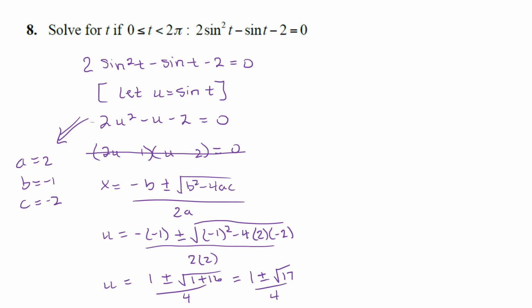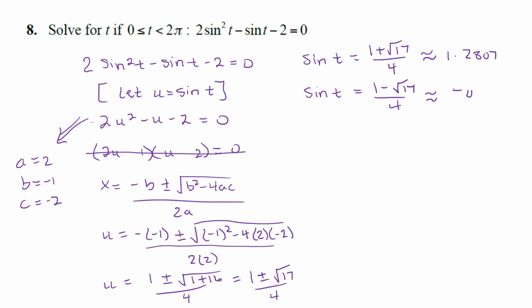Okay. So now let's substitute sine back in for u. So that means sine of t will equal 1 plus the square root of 17 over 4 and 1 minus the square root of 17 over 4. If we enter these ratios into our calculator, rounded to 4 decimal places, we'll get the following values.